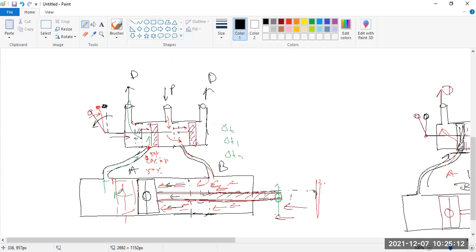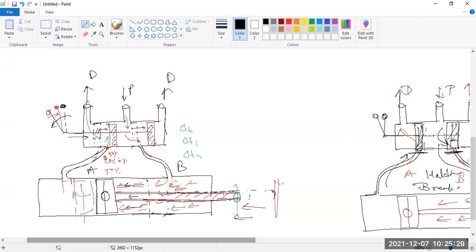Then the piston goes to the inner side or the opposite side. In this way, if we change some very little position of this spool, it will enlarge or multiply or amplify this length. Okay, that's why it is called proportional.